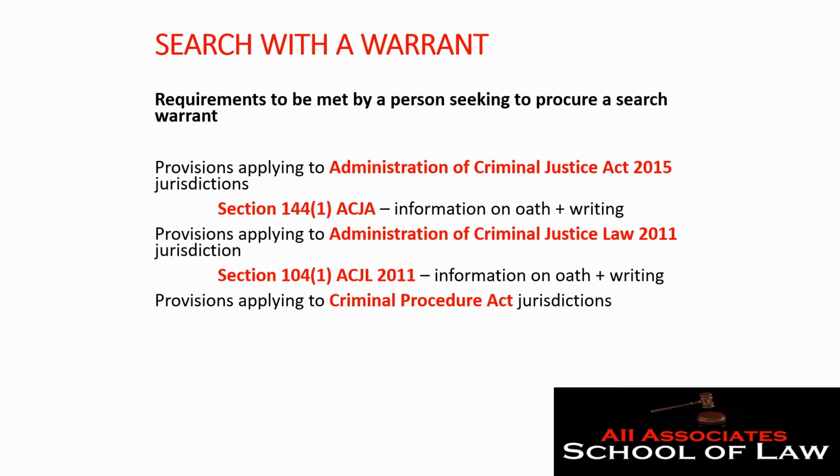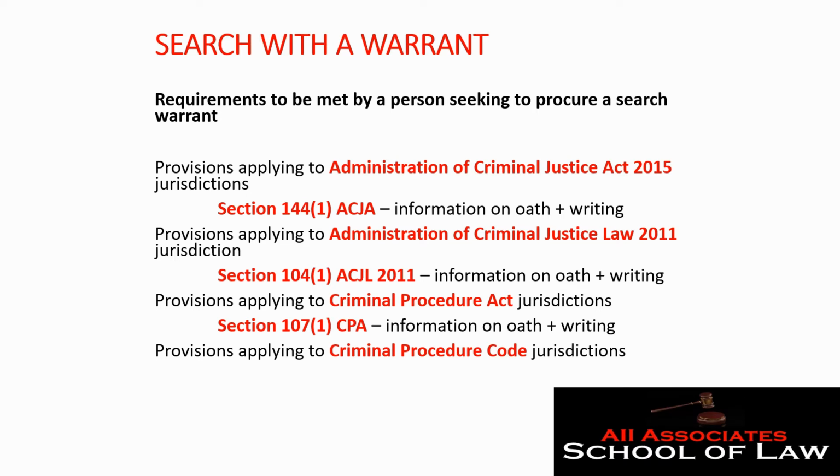Section 104, subsection 1. CPA jurisdiction. Issued based on information on oath and information in writing. Section 107, subsection 1. CPC jurisdiction. The legislation is silent, so by implication, this is not a requirement.